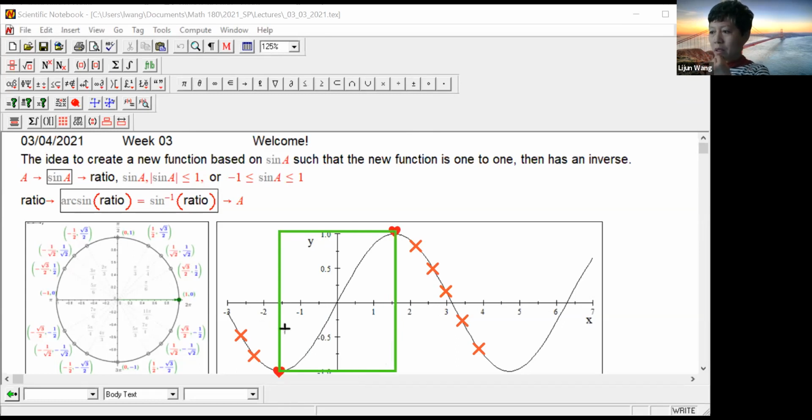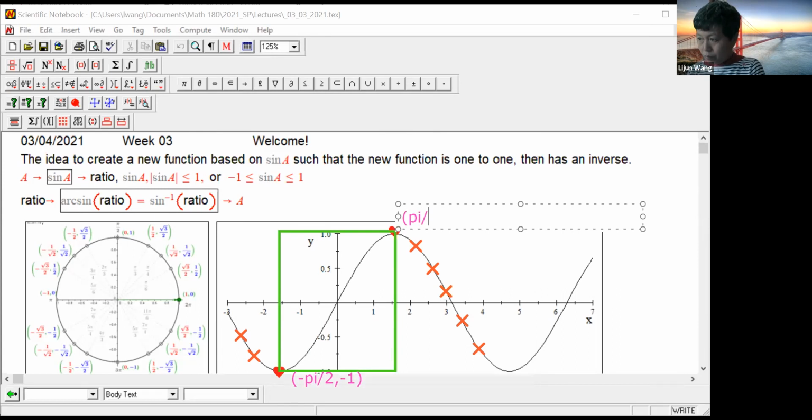The horizontal is the domain. The horizontal is from where? We just marked the point: this point is negative pi over 2, negative 1, and over here, that's pi over 2, comma 1. So what is the domain? Domain is about the input, right? So the input, like the lady just said, who said that?